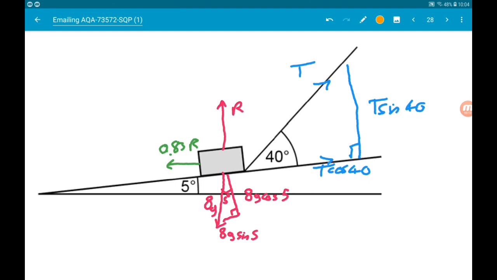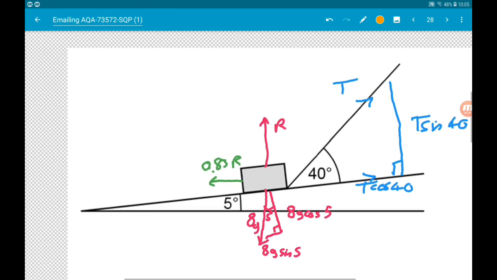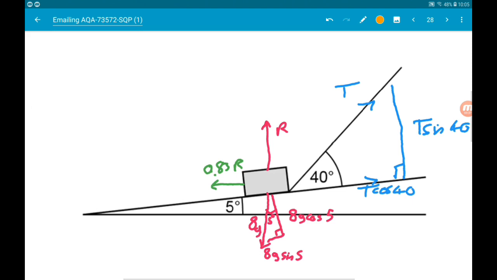So if we look at what is happening perpendicular to the board first of all, then again we know that the box is moving along the board. So there is no movement perpendicular to the board. So we know then that the perpendicular forces are in equilibrium.